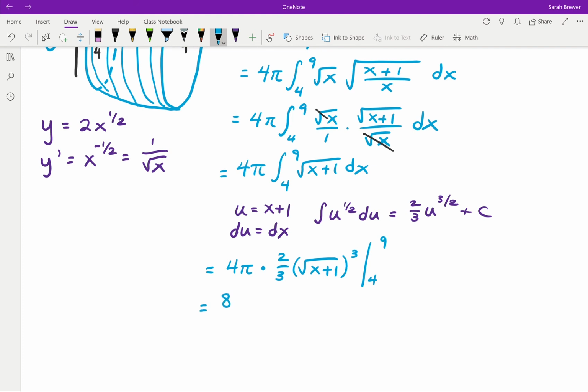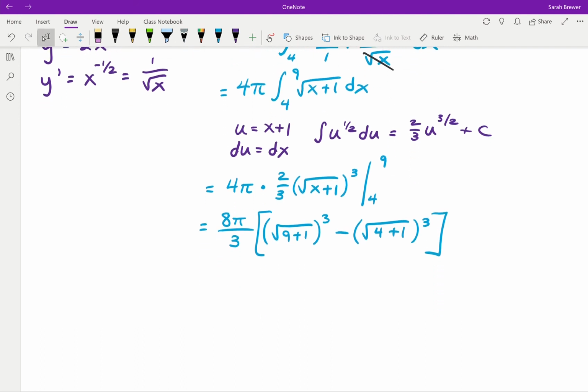So we're looking at 8 pi over 3 times, let's see, what do I have here? Square root of 9 plus 1 cubed minus square root of 4 plus 1 cubed.